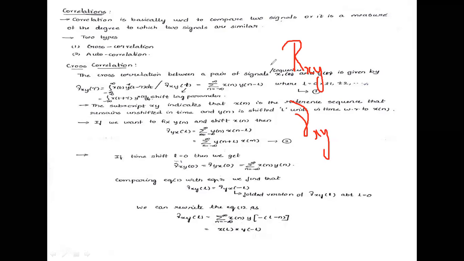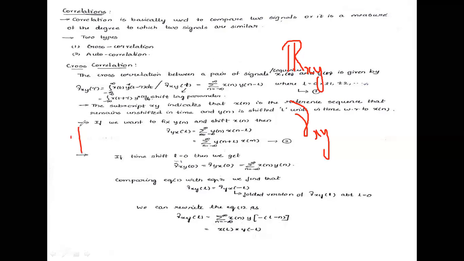Following in RVSP we will get the correlation and autocorrelation like this also, my dear students. Don't confuse, there it is different and here it is different. The concept is the same, only the representation of the signal is different.